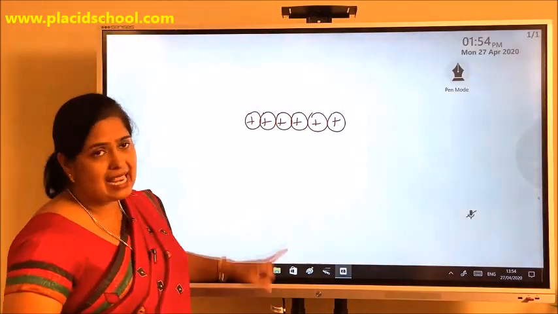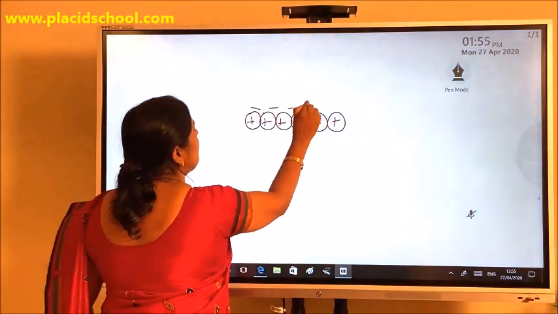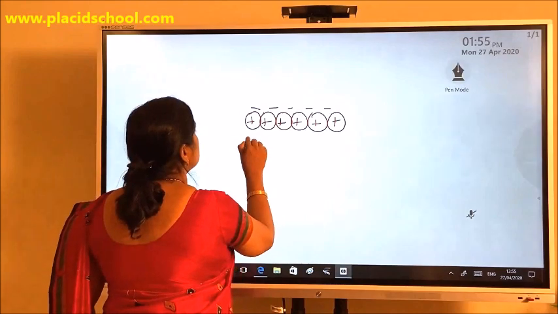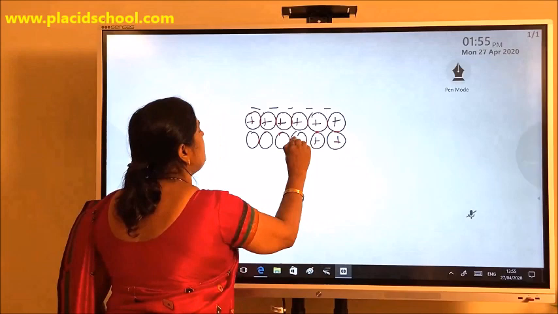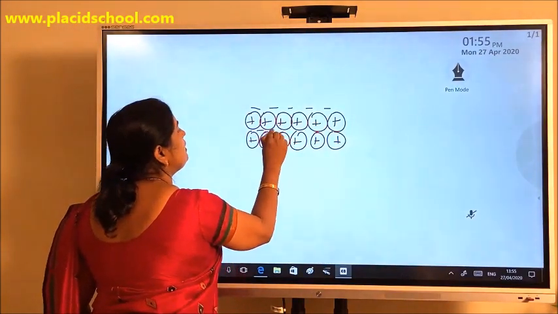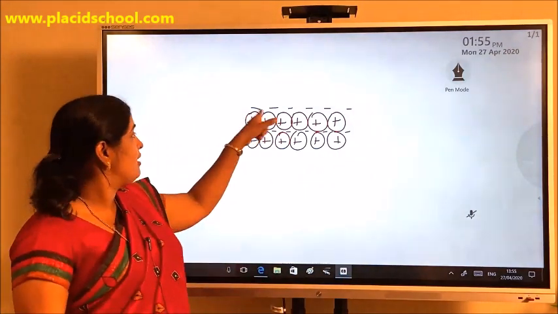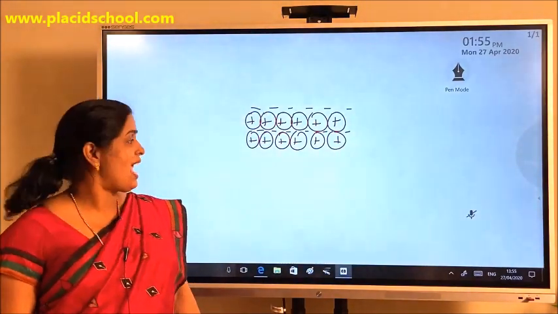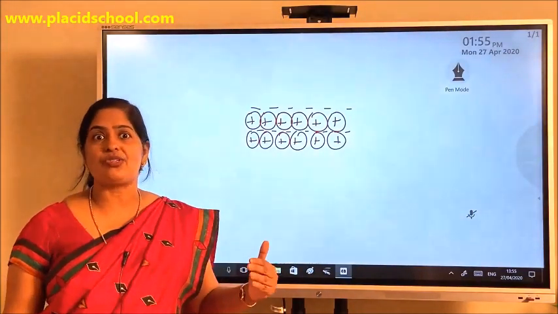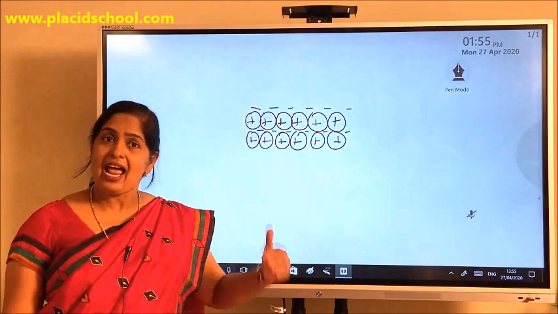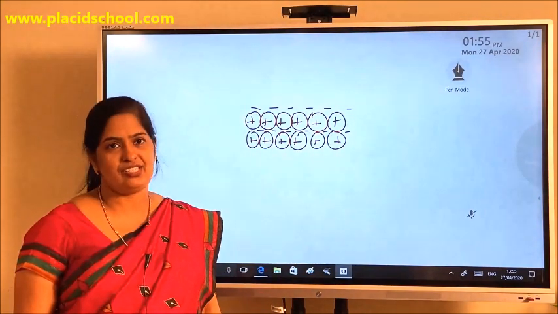And each metal atom releases electrons, which will be seen in its premises. I am showing here the cation, at the same time the electrons present near to it. And these free electrons, these horizontal lines are electrons, give the lustrous nature for the metals, at the same time make metals a very good conductor of electricity.